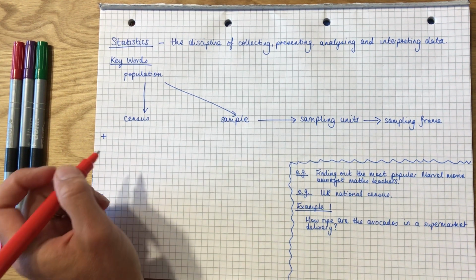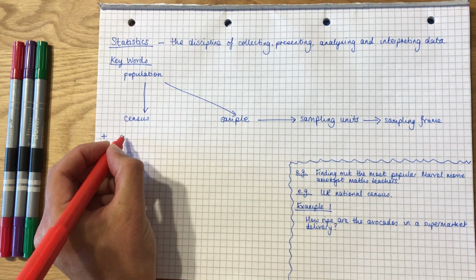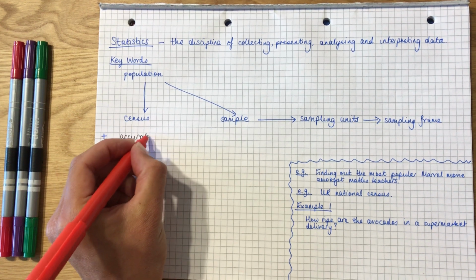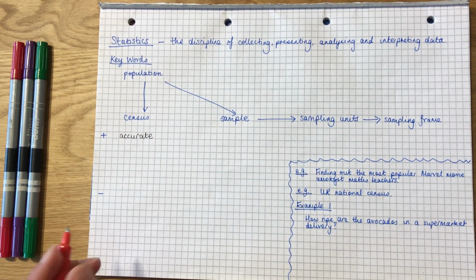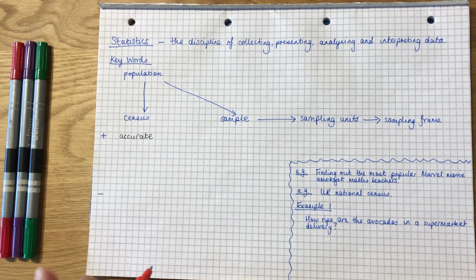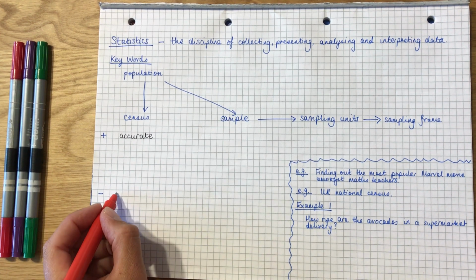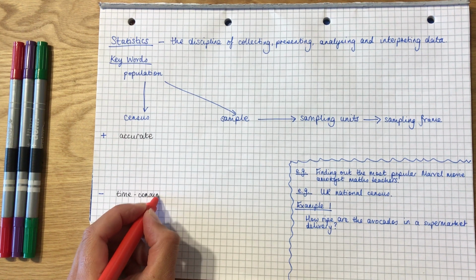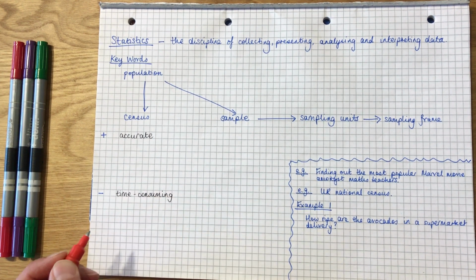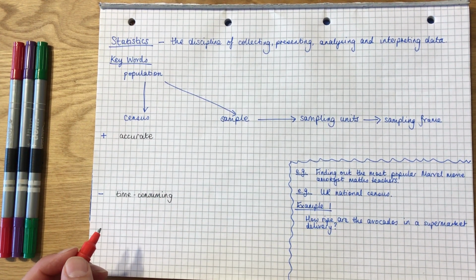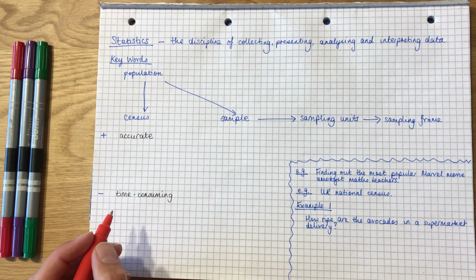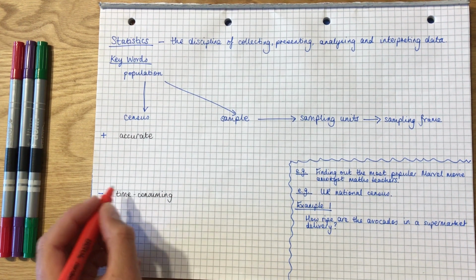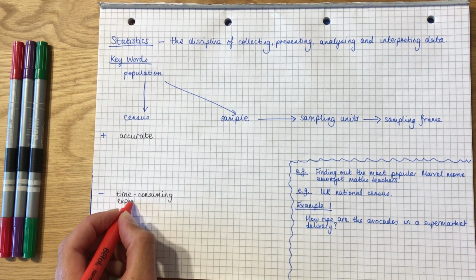So a census is really good because it's completely accurate. It tells us exactly what we need to know about every member of the population. However, it's very time consuming because you have to take measurements or observations about every single member of the population, and your population might be huge. It's expensive for the same reason.